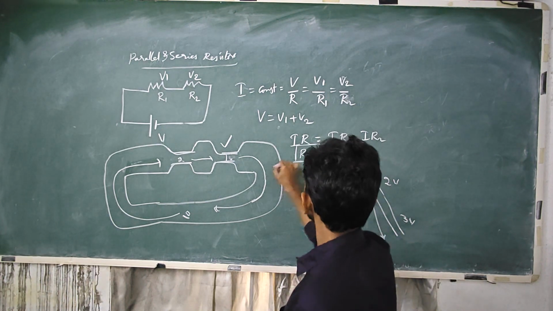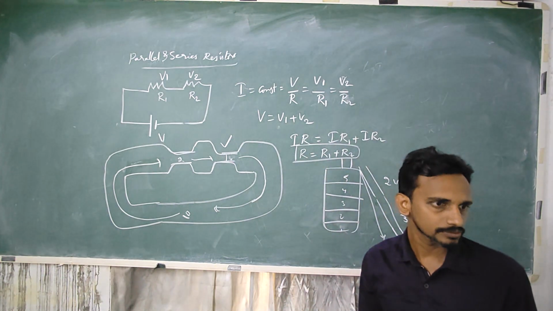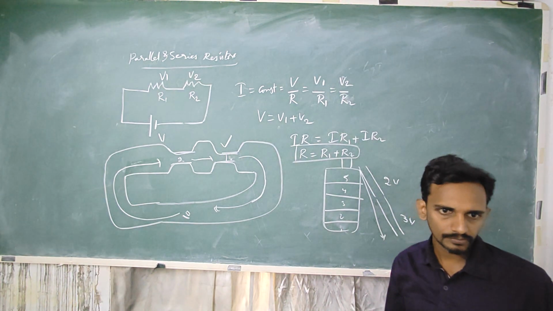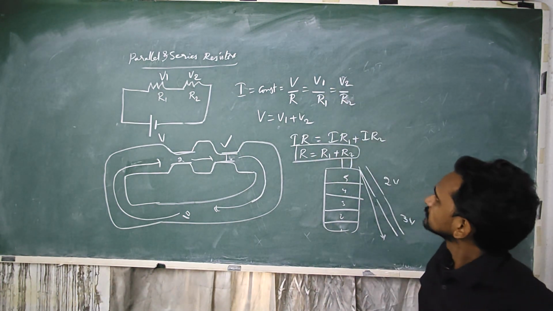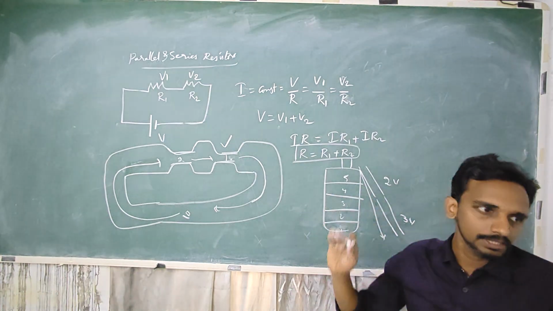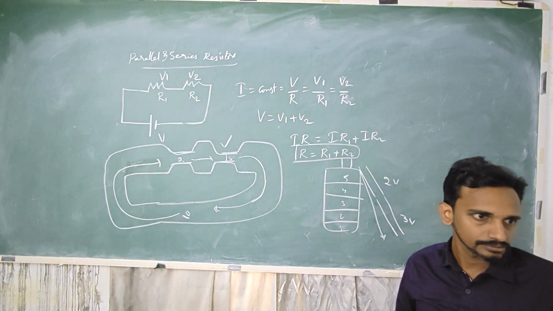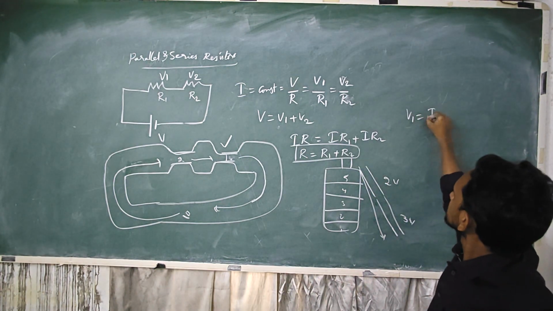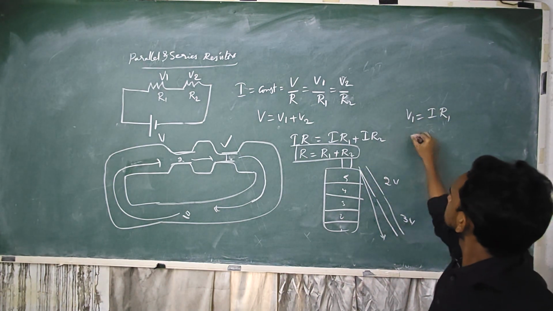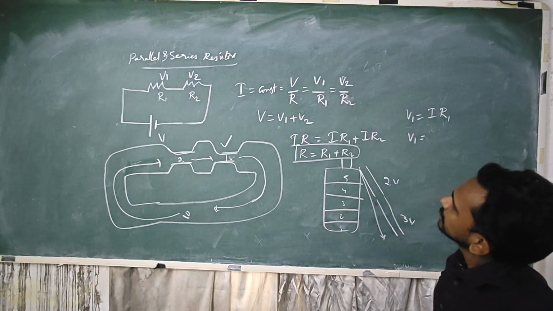So the total resistance in the circuit is the sum of the two resistors. And now I want to get the value of V1. What is the voltage drop at R1? How do you get that? V1 is equal to IR1. So V1 is equal to, what is I?